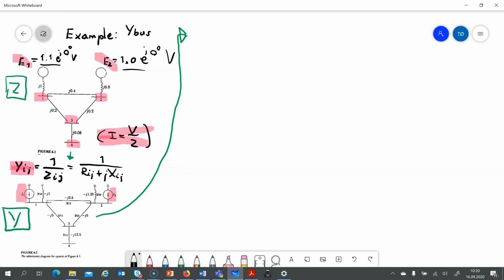Let's start from node 1, the first bus. And then we have a current I1 equals Y10 V1 plus we have Y12 times the voltage drop V1 minus V2.